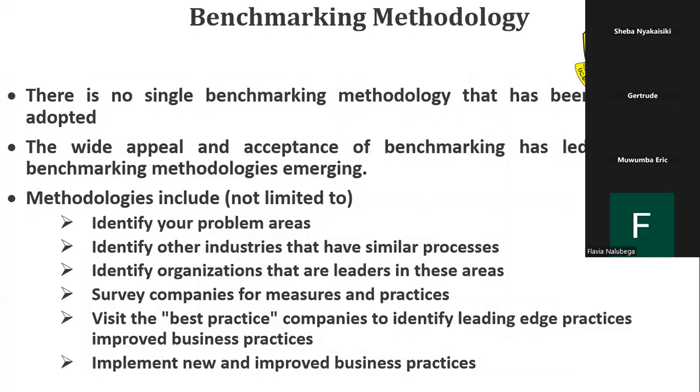Now we want to talk about benchmarking methodology because it's also an activity that requires a scientific look for us to be able to do it well. So now there are several of them, but for all of them, these are the generic components that we expect to find in any of them. You identify your problem area.